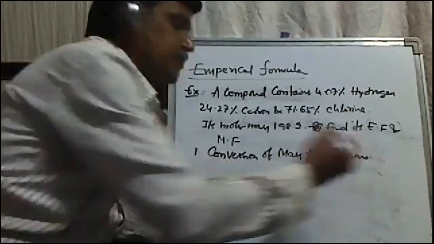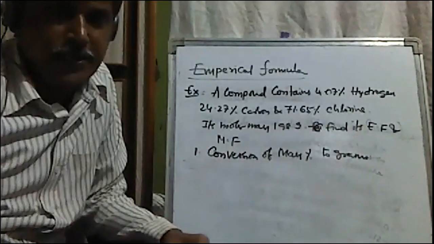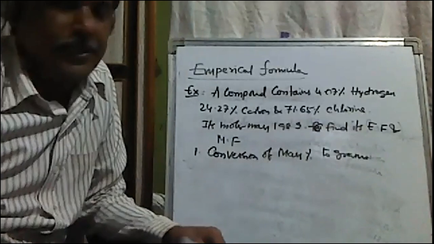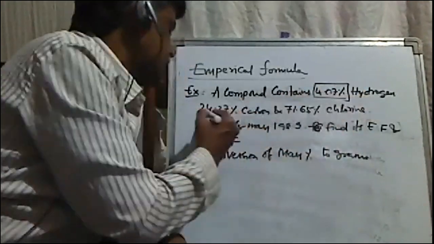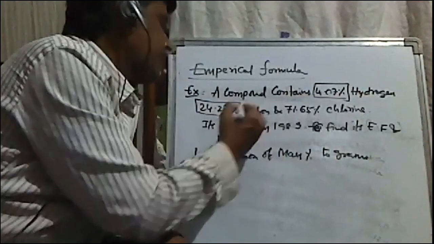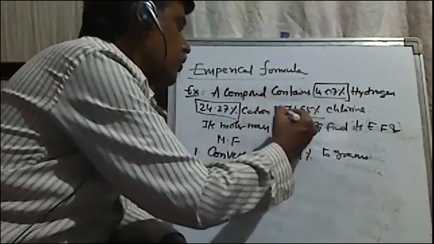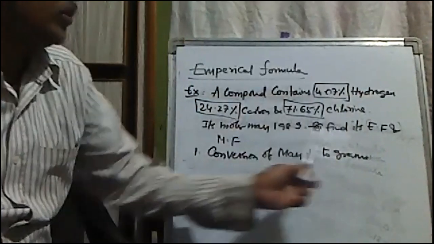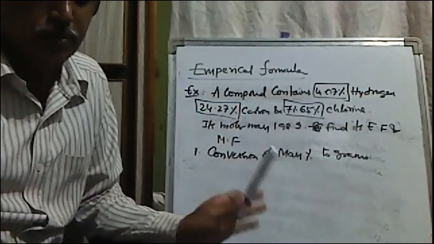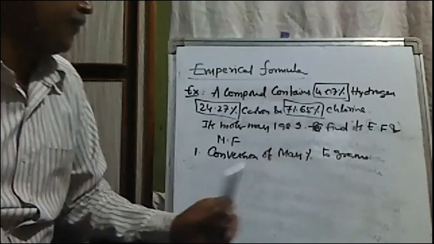In my previous video also I have discussed this. This is the weight percent of hydrogen, carbon, and chlorine. Convert this mass percentage into grams. This is the first step.